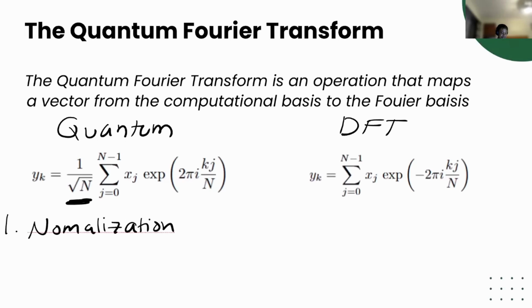The next big difference is that we have this positive 2 pi as opposed to this negative 2 pi. And so what this is telling us is that instead of rotating clockwise or counterclockwise, we'll be moving, sorry, this one moves counterclockwise. Now the quantum one will move clockwise.